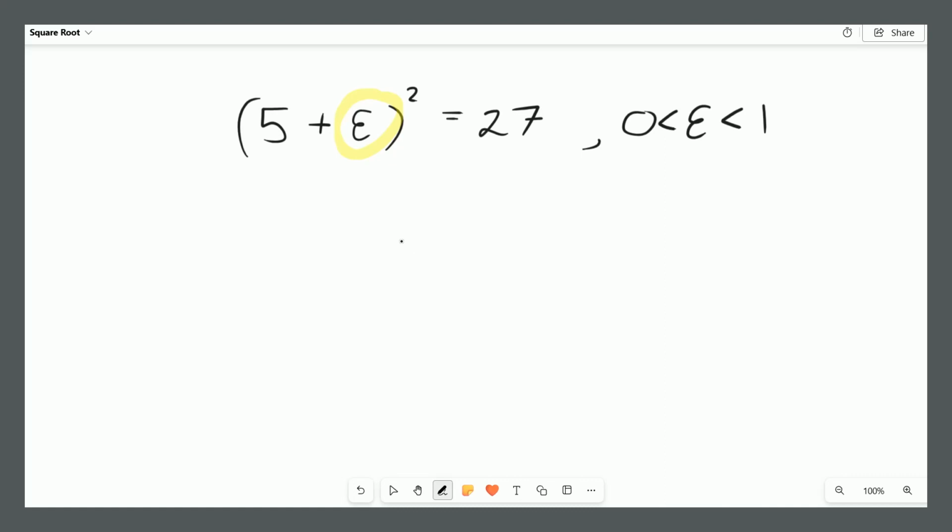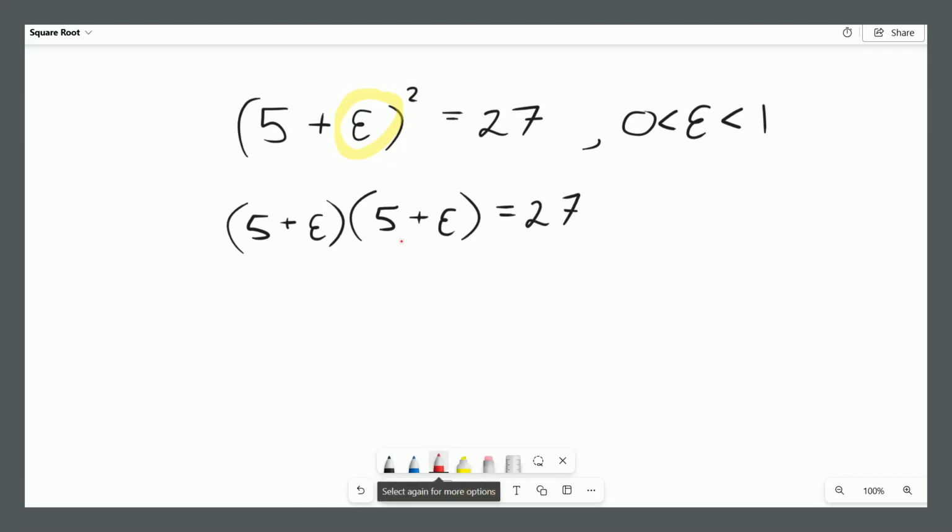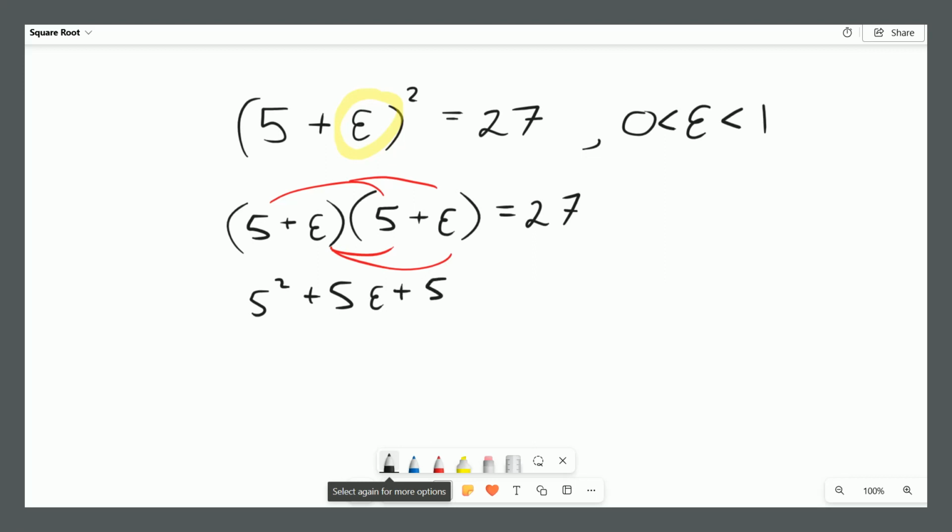And we do that by expanding these brackets. So we have (5 + epsilon) times (5 + epsilon) equals 27. And as we expand these brackets, what we will get is 5² plus 5 epsilon plus 5 epsilon plus epsilon² equals 27.